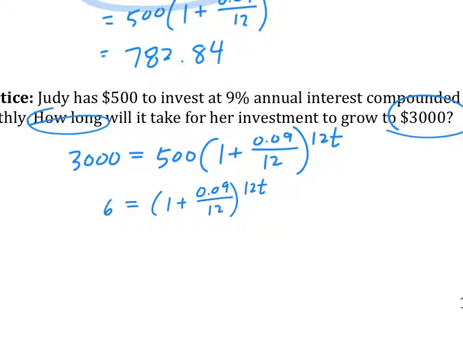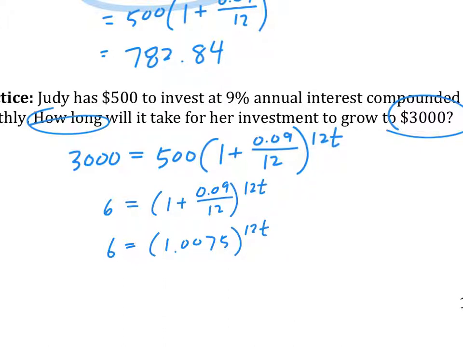Yes, we can do that. Just make sure you keep your digits as many as possible because once you start rounding, it gets a little bit farther from the answer. I don't know what that number is, so. Oh, okay, it's not too bad. 1.0075 to the 12t. What's next?